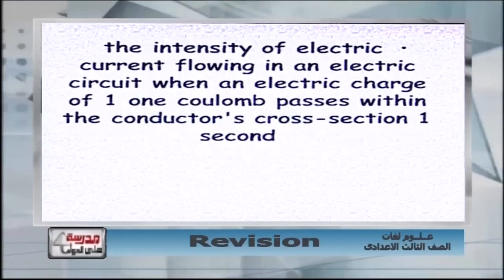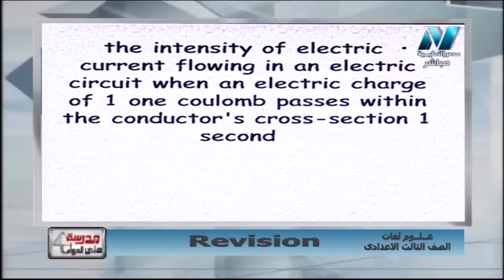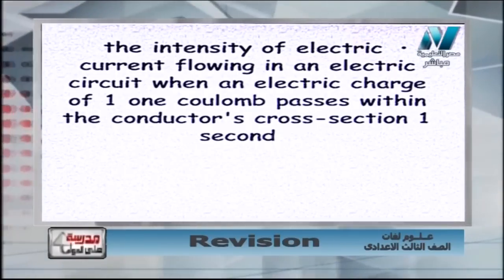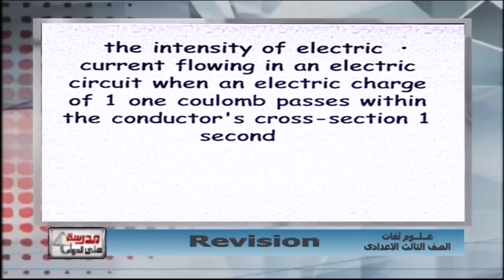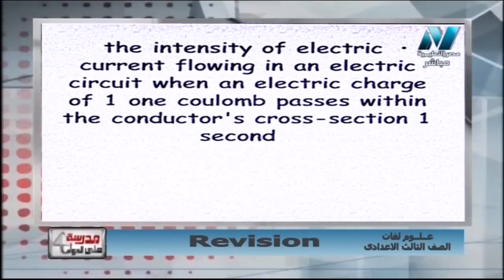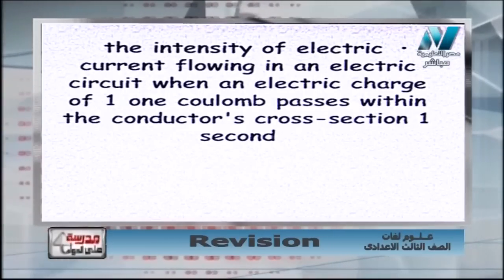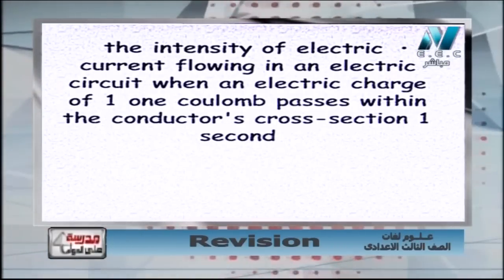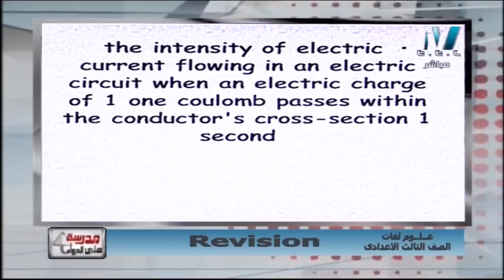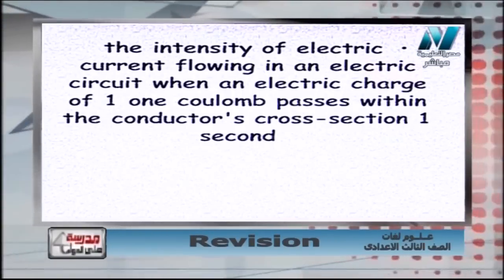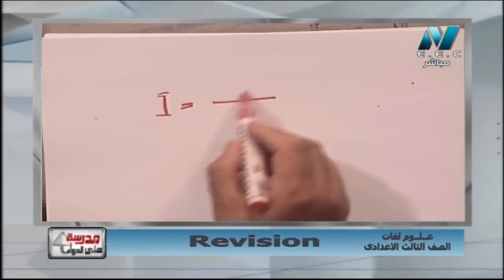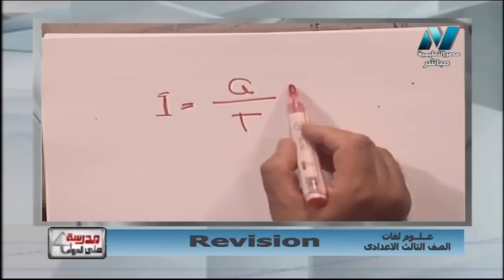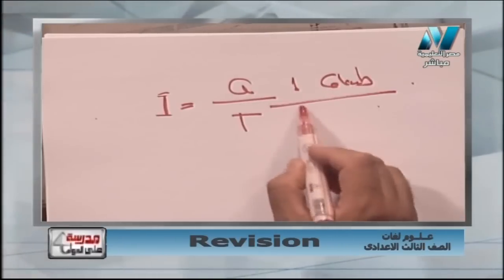Another question that says, the intensity of the electric current flowing in an electric circuit when an electric charge of one coulomb passes within the conductor's cross section in 1 second. هنا سؤال مهم جدا وقلنا اكتر من مره، لما الاقي السؤال او definitions او scientific term فيه 1 coulomb، 1 second and so on، يبقى هنا اكيد بيتكلم عن يونت، يونت معناها 1 او وحده. طب نراجع مع بعض كده الرولز اللي درسناها في الكهرباء. درسنا رول مهم جدا كان بيقول لي ان I equals Q over t. طب ده هنا بيقول لي 1 كولوم، يعني كانه 1 Q over 1 second.